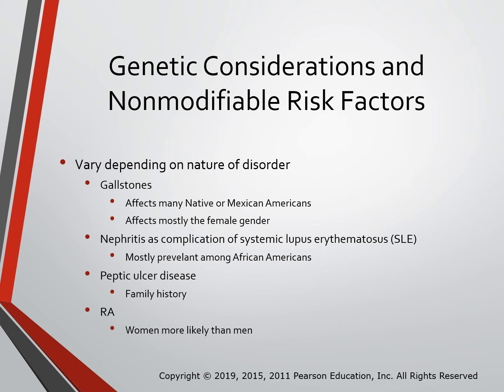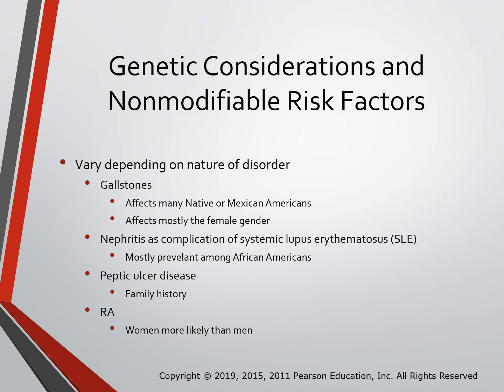So our genetic considerations. Genetic considerations and risk factors vary depending on the nature of the inflammatory disorder. Native and Mexican Americans are at increased risk for gallstones. Family history and female gender are also associated with increased risk. African Americans are more likely than Caucasians to develop nephritis as a complication of systemic lupus and tend to develop nephritis earlier in the course of the disease.